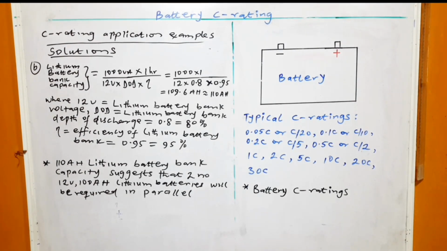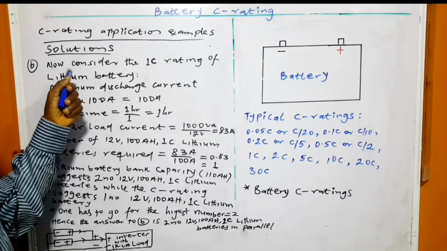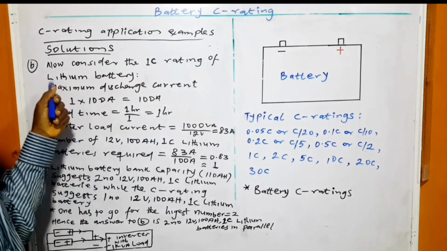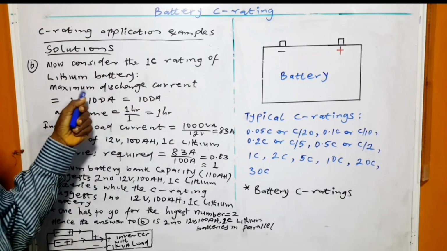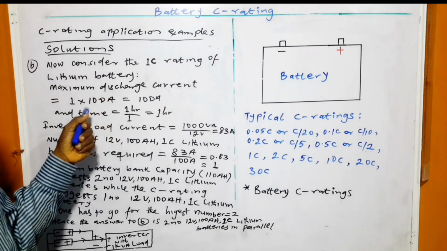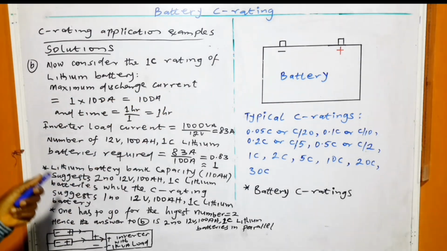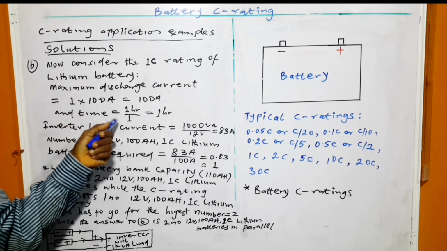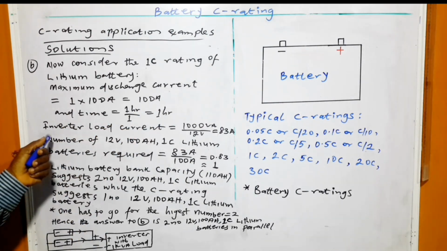Let's apply the C rating factor and see what will happen. Now consider the 1 C rating of the lithium battery. Then the maximum discharge current is equal to 100 ampere, and the corresponding time is 1 hour.